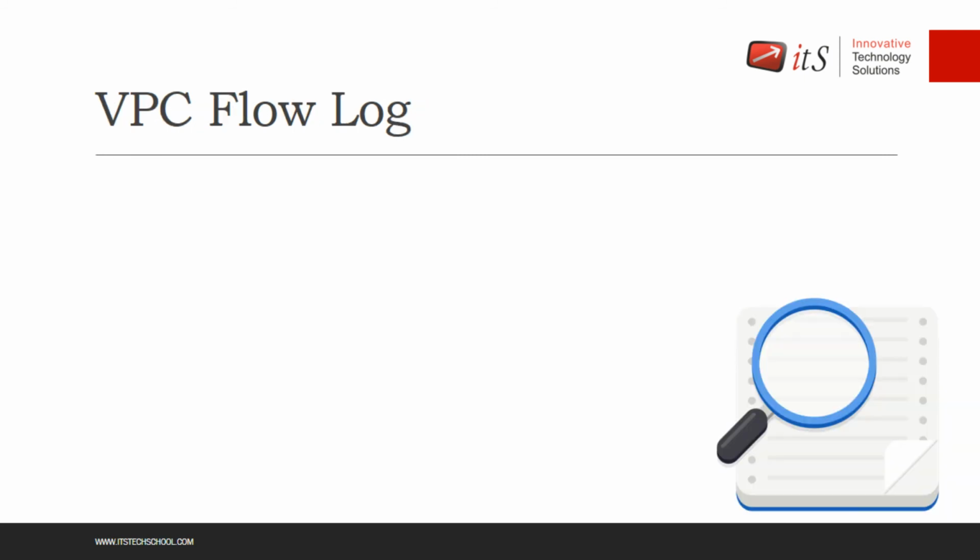VPC Flow Logs. As we had discussed earlier, you can assume the firewall or the security group and NACL as a watchman of your building. A watchman has a logbook, right?